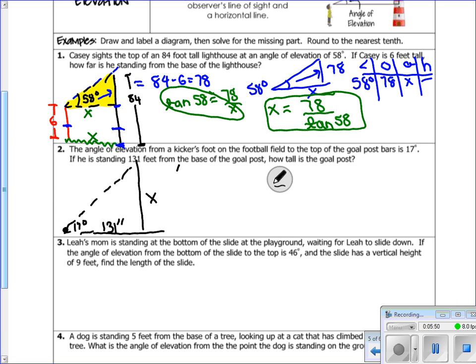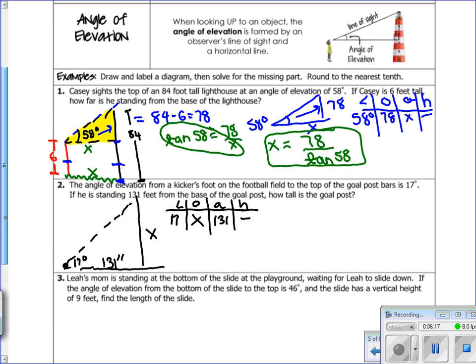My angle is 17 degrees. O is x, A is 131, and H we don't know. So if we have an O and an A, look back up at your paper, guys.